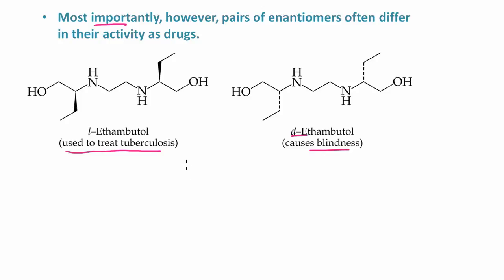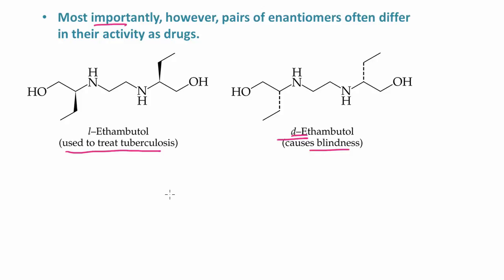So that means that when this drug is synthesized, this D form better be separated from that drug mixture. Okay, years ago, it was very difficult to separate enantiomers. And nowadays, we have better technology and we're able to separate enantiomers. Many drugs consist of enantiomers and they're not separated, and that's because the inactive one is not going to cause any harm.